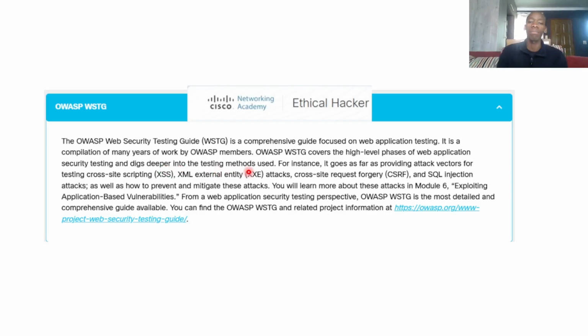For instance, it goes as far as providing attack vectors for testing cross-site scripting, XML external entity attacks, cross-site request forgery, and SQL injection, as well as how to prevent and mitigate these attacks. You'll learn more about these attacks in Module 6. We'll go there: exploiting application-based vulnerabilities from a web application security testing perspective.